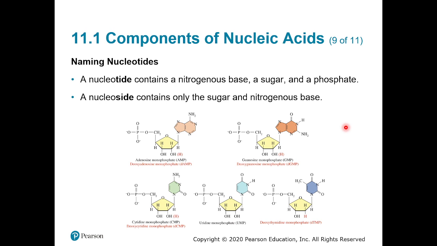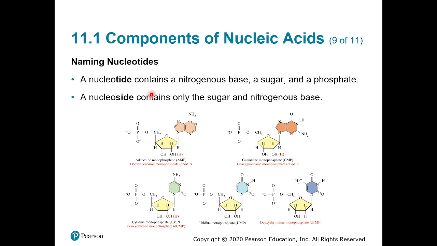A quick note about the naming. A nucleotide is going to contain a nitrogenous base, a sugar, and a phosphate. It has everything together. The nucleoside contains only the sugar and the nitrogenous base. So think of it as side of tide, right? Tide is the whole monomer.